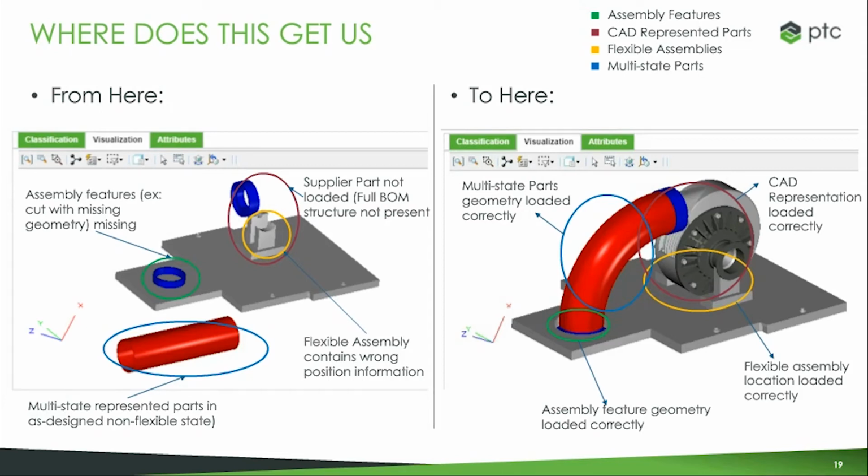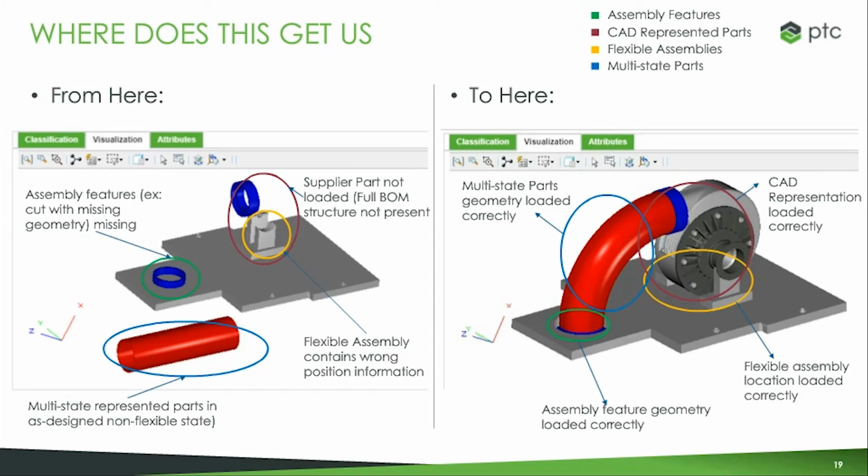I've got my supplier part, so this pump is something that I purchased from a supplier, and I don't model that all in my BOM. I have the full CAD model, but I just use an image association to associate it to the part, which means by default, the part gets no representation. So, before CAD represented parts, I wasn't able to actually see that pump.